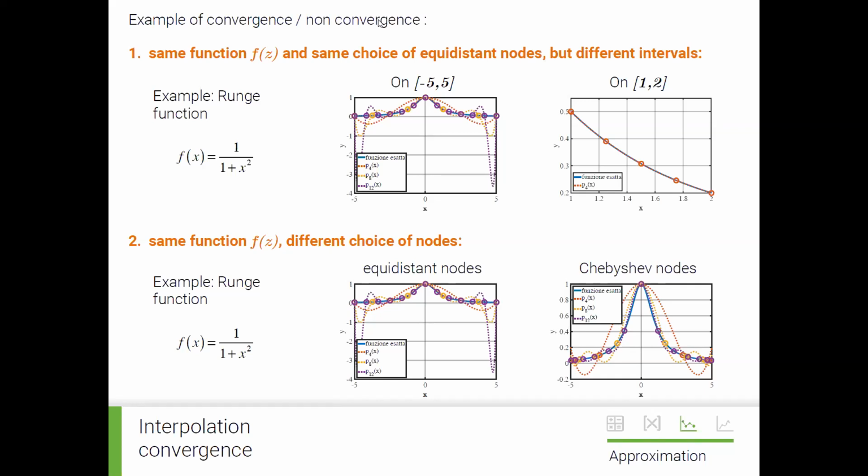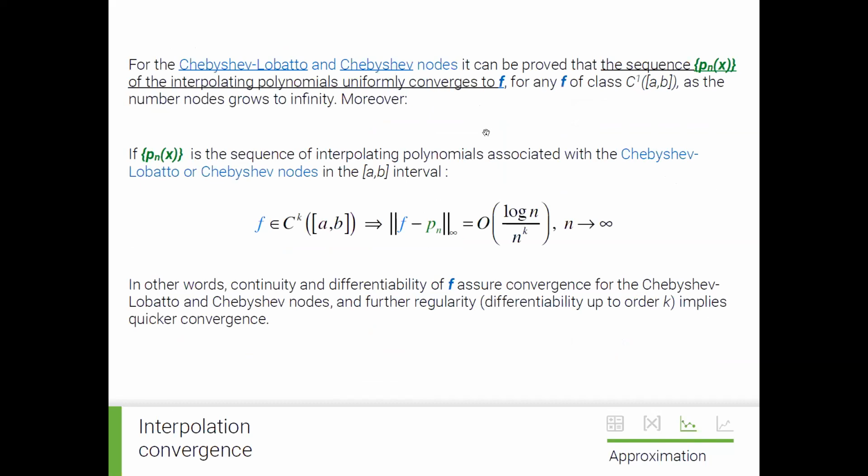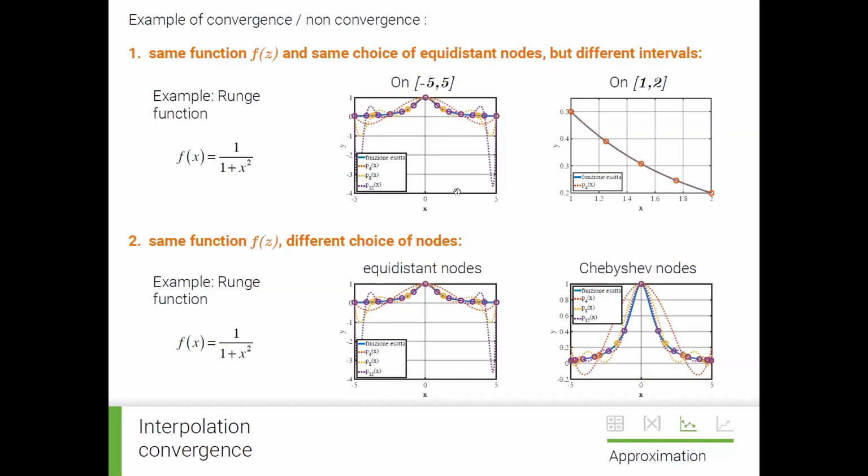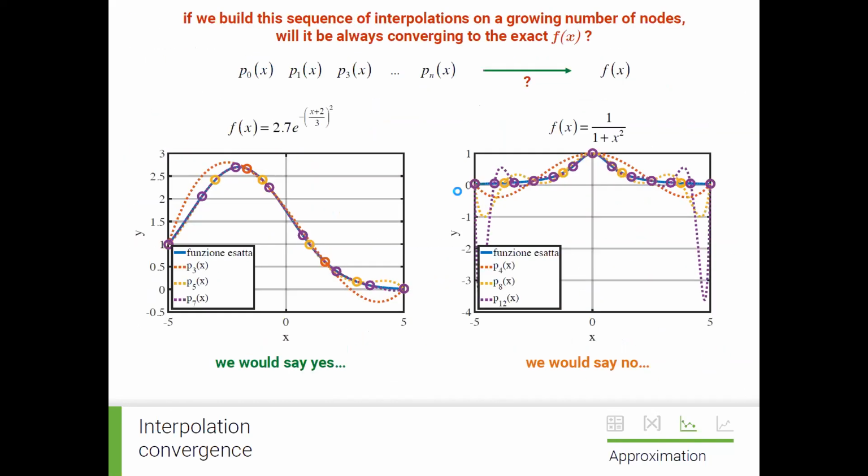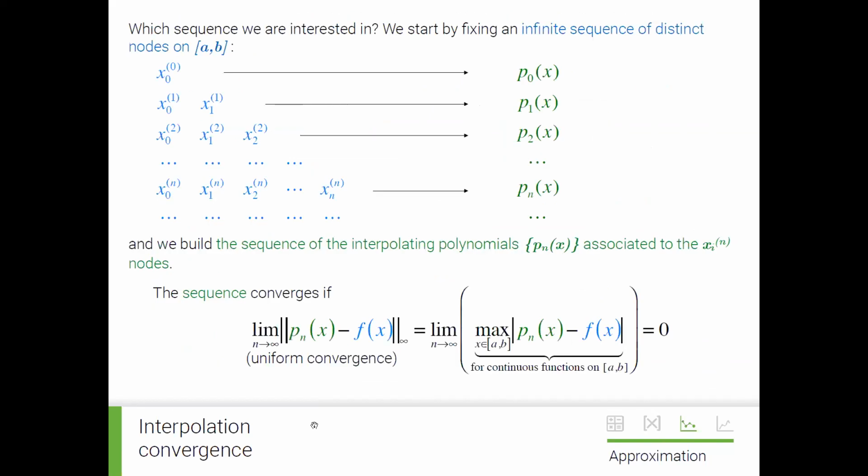Professor, could you tell me what's the main difference between non-convergence and convergence? Okay. Convergence is when this limit is 0. If this limit is 0, this is convergence.